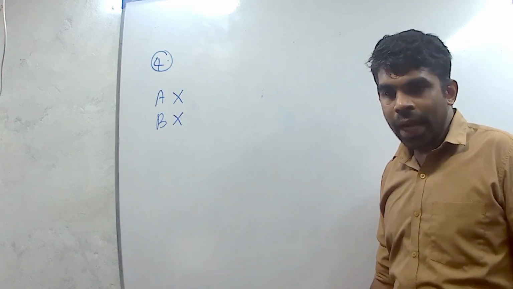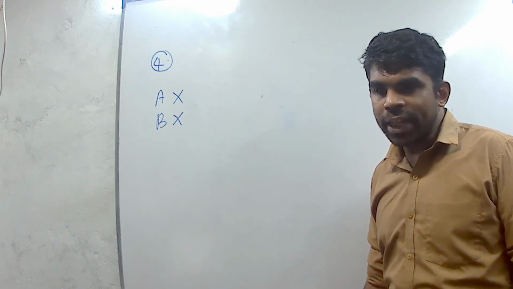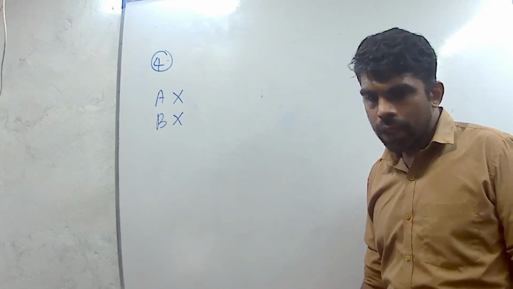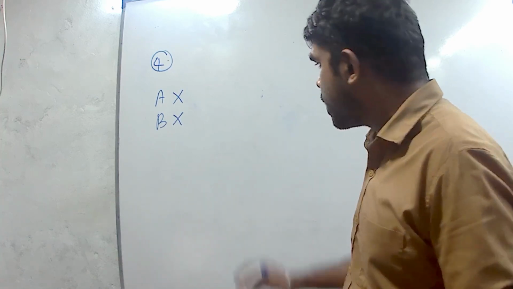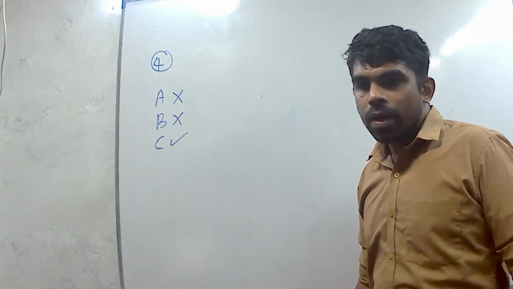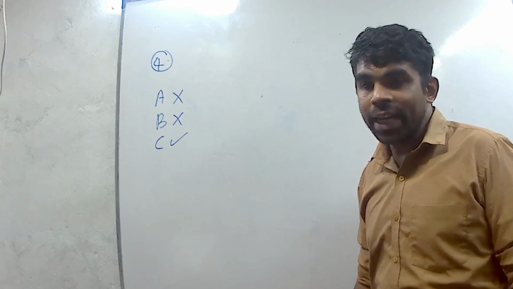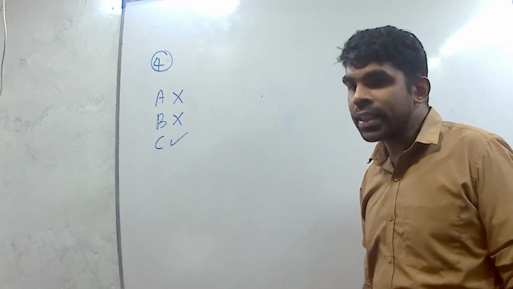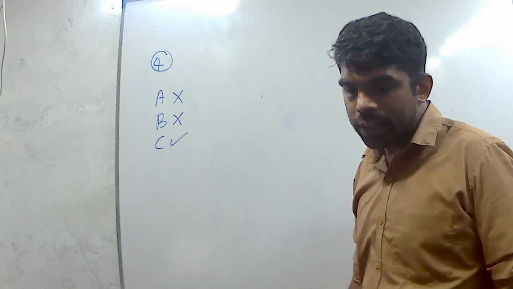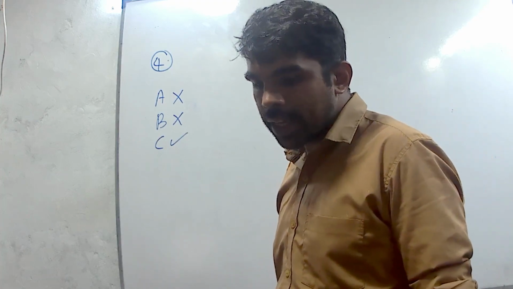Then C, they are not deflected by an electromagnetic field. It is correct. Electromagnetic waves are not deflected by an electromagnetic field. Then only C is correct. The answer is 2.